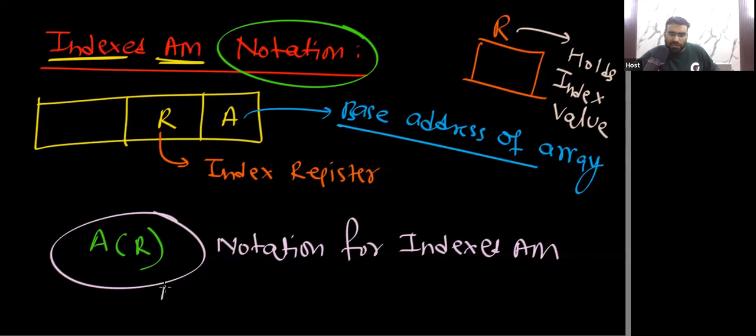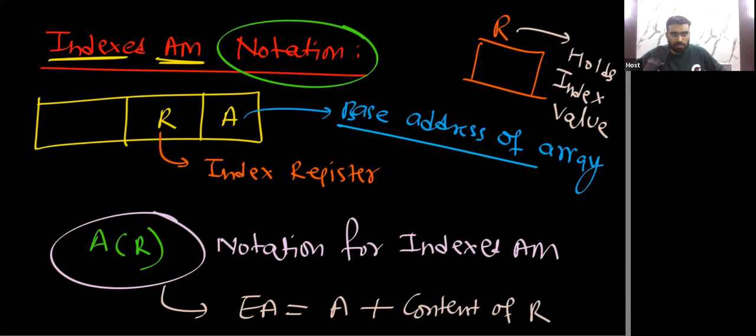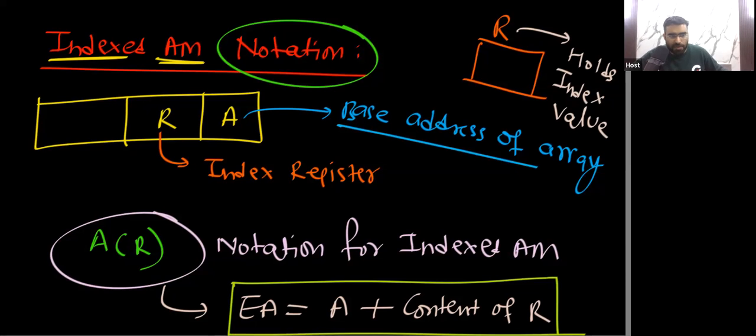So what will be the effective address? Please tell me. That will be A plus the content of R. This will be the effective address. Remember this notation, please focus on this. This is the notation for indexed addressing mode.